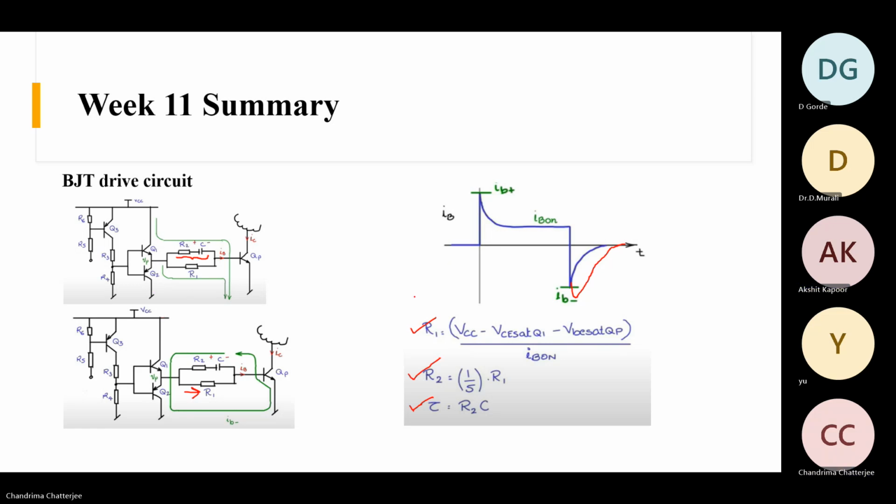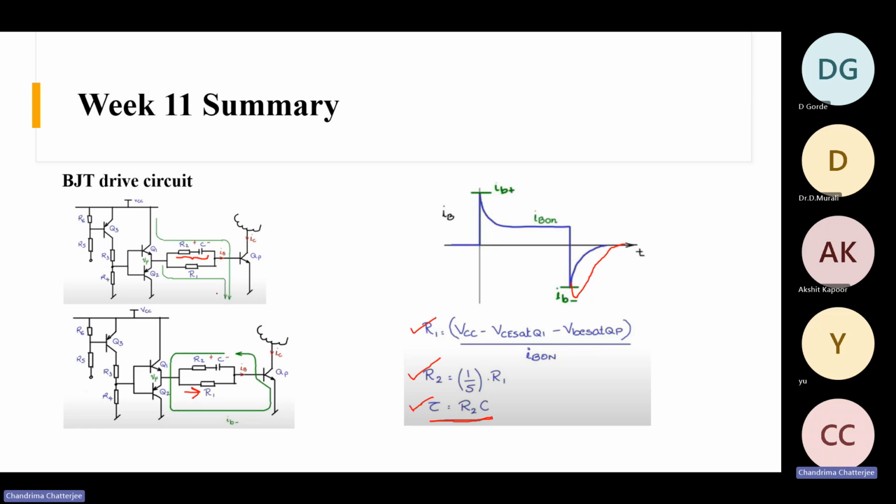Because if you make R2 very high, then your time constant will be high, and then this duration will also be high, right? Because this capacitor is getting charged through this R2. So the higher the R2, the higher will be the charging time or the discharging time, and then you will no longer get the benefit of faster transition.